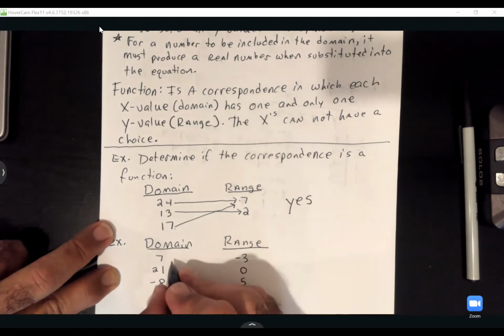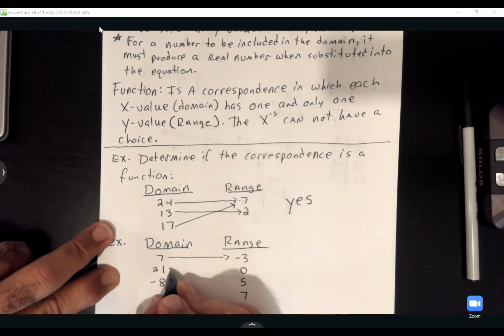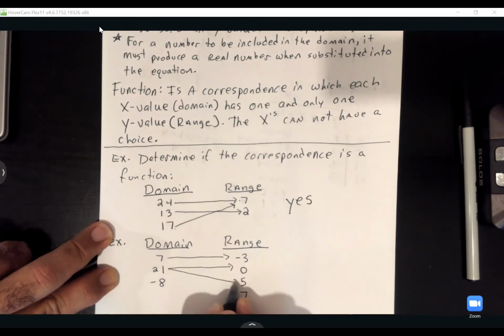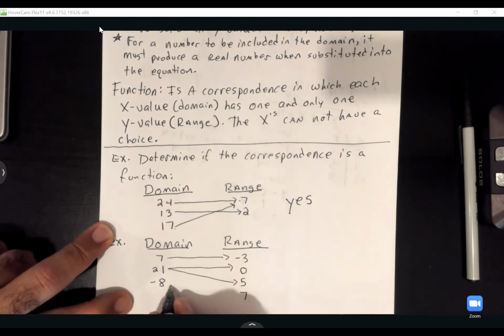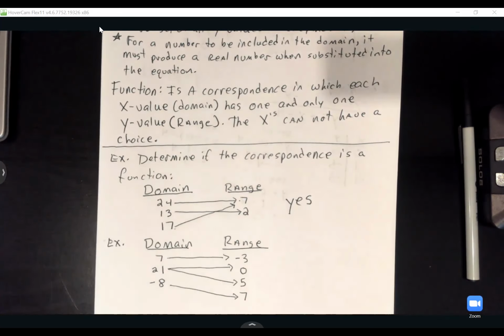So let's see what y'all say on this. The 7 goes to the -3. 21 goes to the 0, but 21 also goes to the 5. And then the -8 goes to the 7. All right, y'all. Is this correspondence a function?